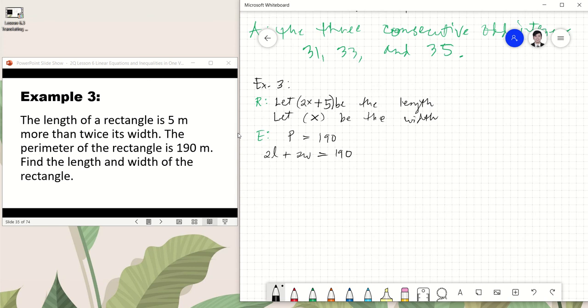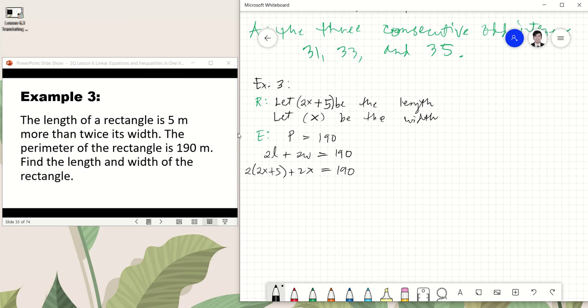So, yung L natin, papalitan natin kung ano yung representation natin dito. So, 2 times 2x plus 5. And then yung W natin, it's already x. And this is now our equation. So 2 times the quantity of 2x plus 5 plus 2x is equal to 190.